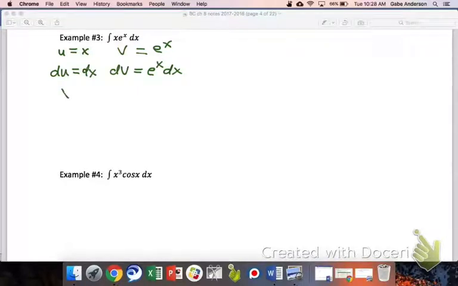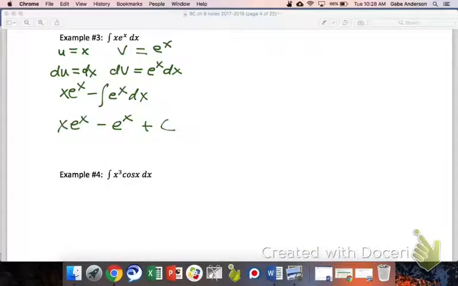So that is equal to uv minus. Okay, so you want me to just multiply the u and the v. So x e to the x. X minus integral e to the x dx. That's right. Okay, and so this actually finishes pretty quickly now, doesn't it? Because the antiderivative of e to the x dx is just e to the x, so we end up with x e to the x minus e to the x plus c.